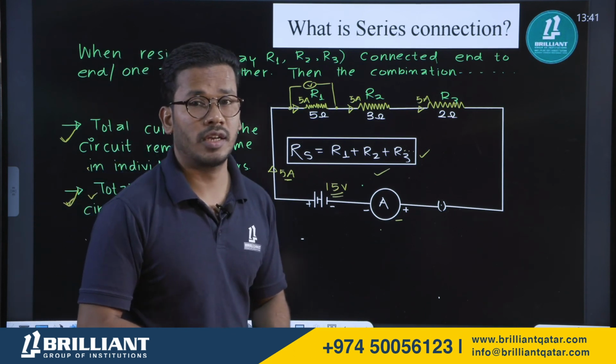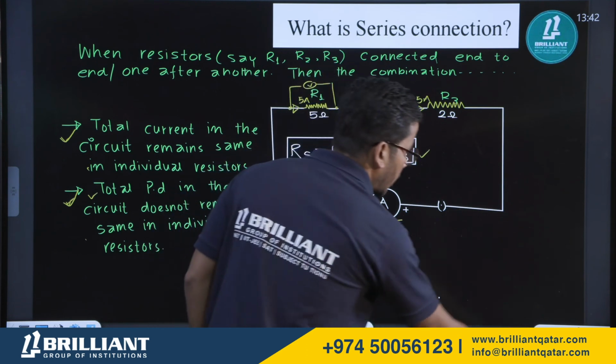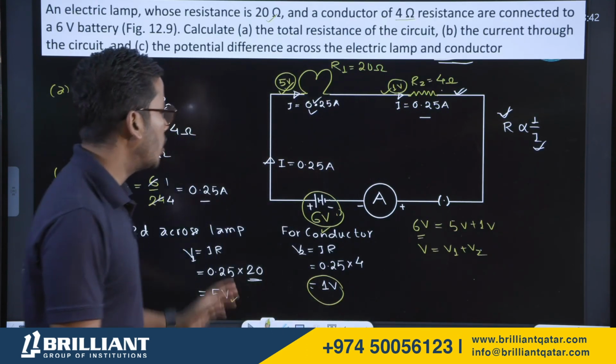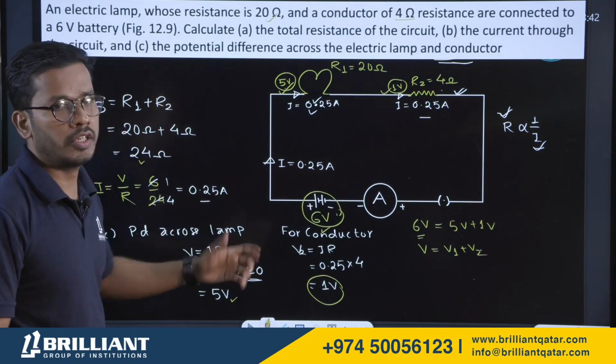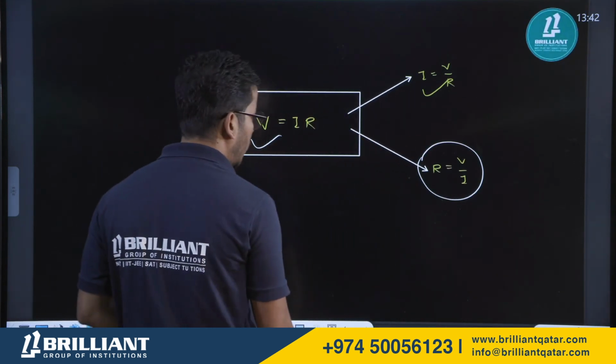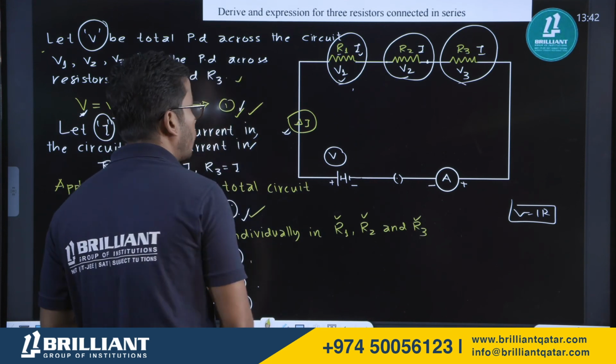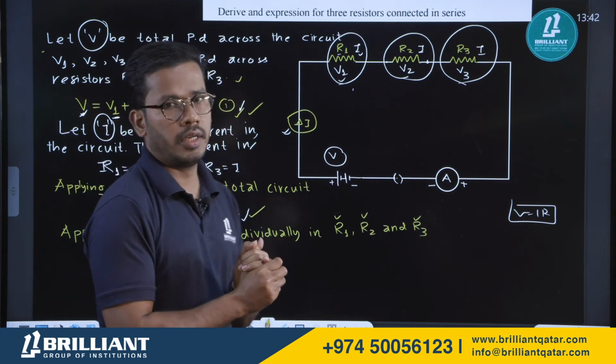That was the beginning of our class. Then we saw how to derive this formula. Before deriving, we took an idea by solving a numerical, and finally we derived it. We also used the Ohm's law concept, and that's how we got the derivation.